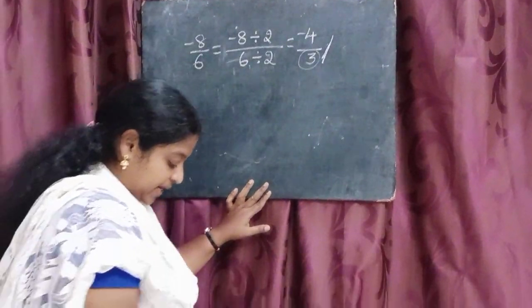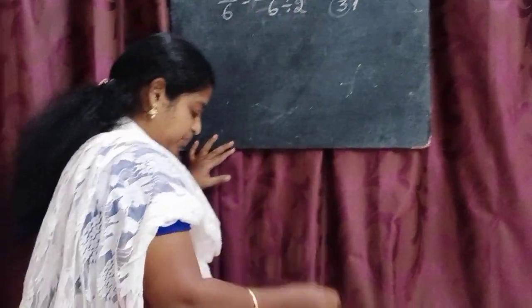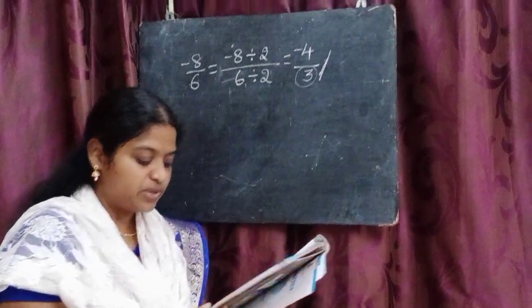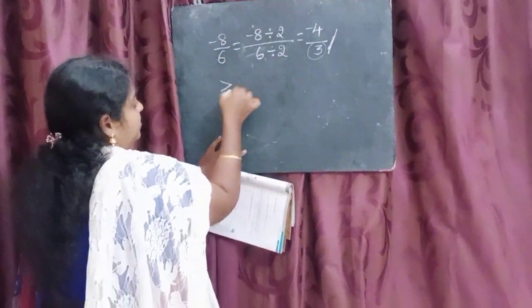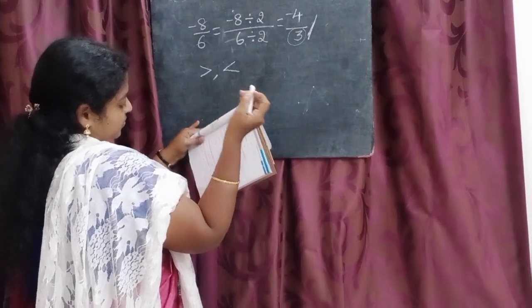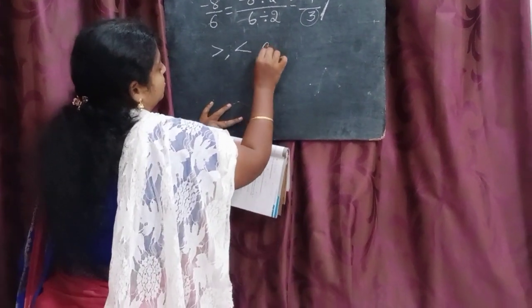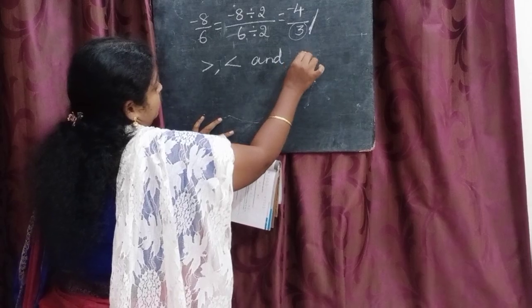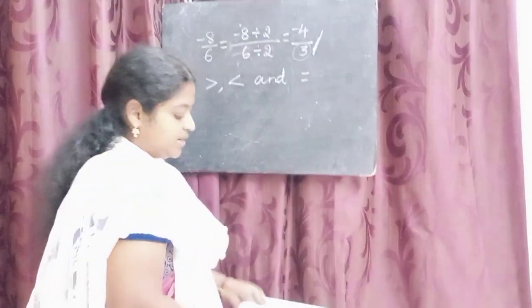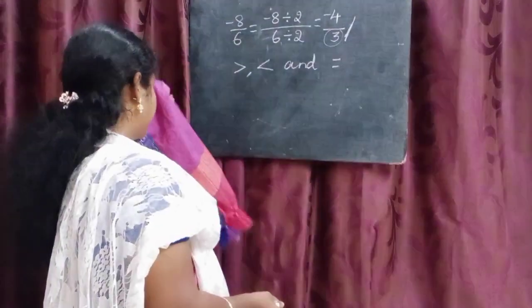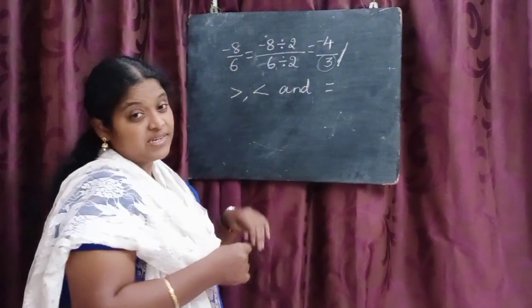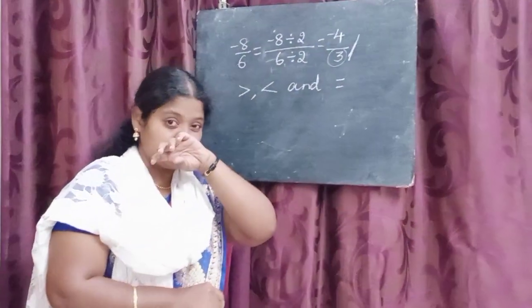Okay. 8th one. Now fill in the boxes with the correct symbol out of greater than, less than, and equal to. Generally greater than, less than and equal to. How can we say that greater than, less than and equal to?